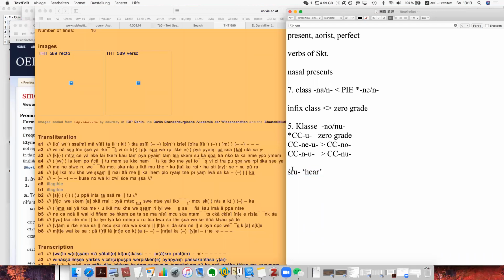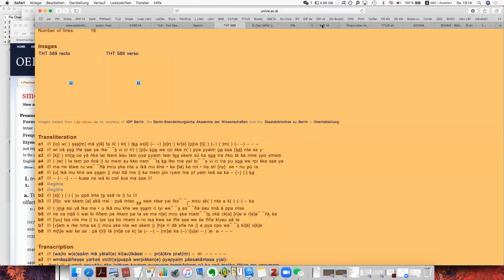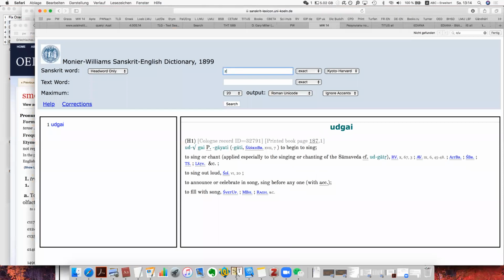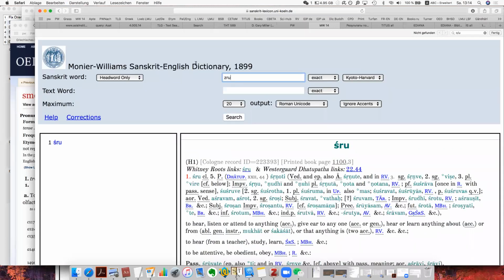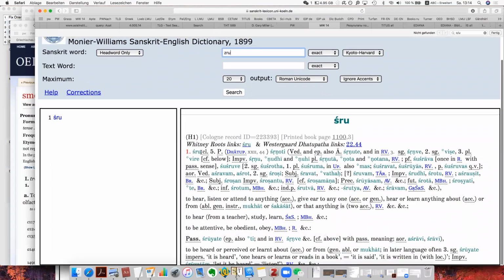If you check Sanskrit grammar, you find it here. I think it's big enough. You see, shru is the fifth class, right?